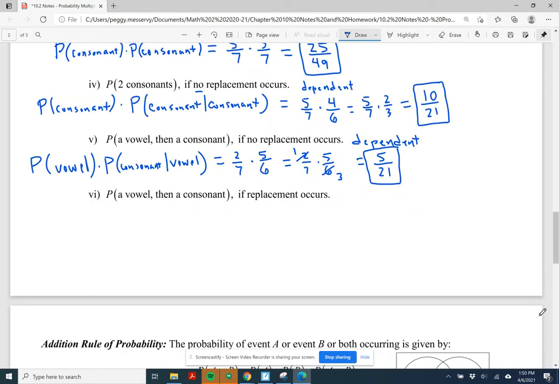Okay, the last part of this example. Probability that you draw a vowel and then a consonant if replacement occurs. So the difference here is these are now independent because we're replacing the first tile before drawing the second. Let's do the probability that we have a vowel times the probability that we draw a consonant.